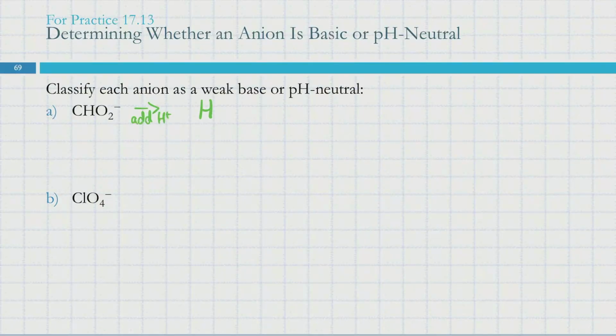So if we add a hydrogen onto our first one, we get HCHO2. If we add a proton to ClO4 minus, we would get HClO4. And then you'd have to identify, is it a strong or weak acid?